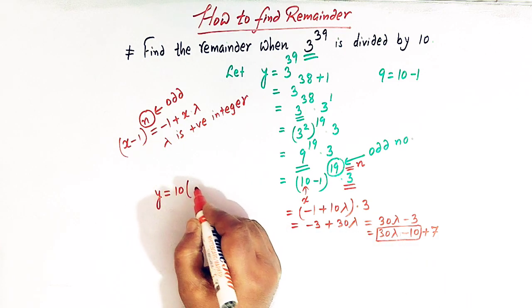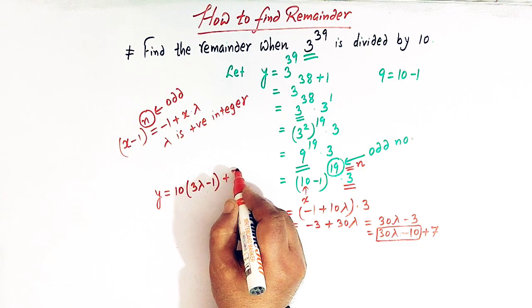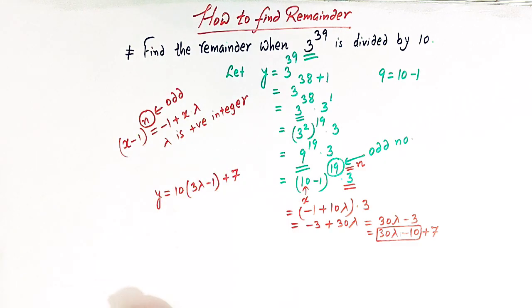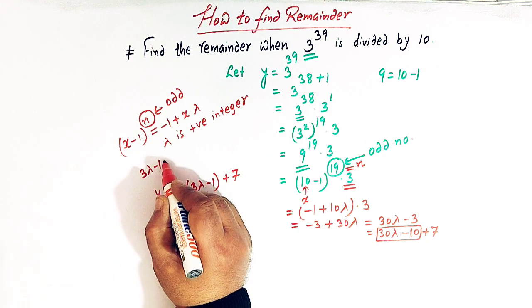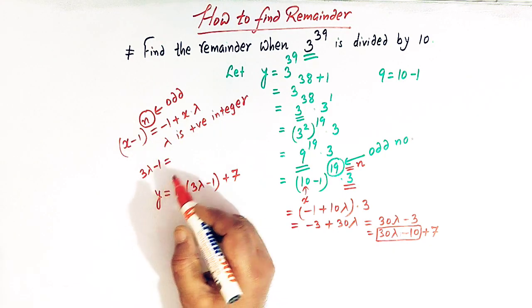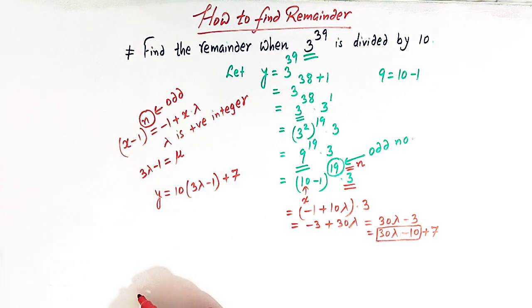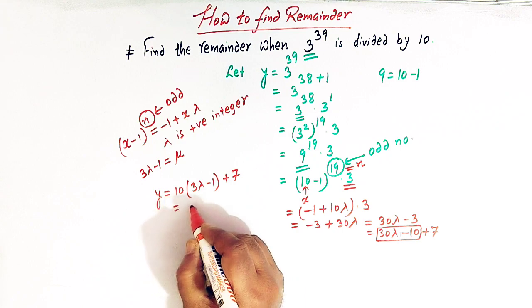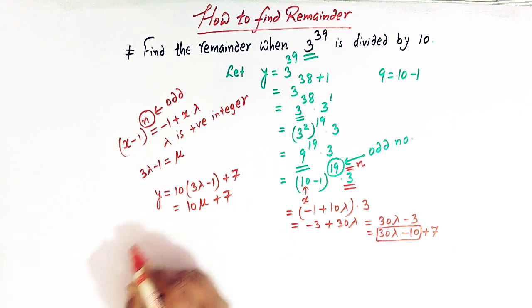So we have y equal to, taking 10 common, 10 times (3 lambda minus 1), plus 7. Now 3 lambda minus 1 can be replaced by some other positive integer, let us say mu. So we have 10 times mu plus 7.